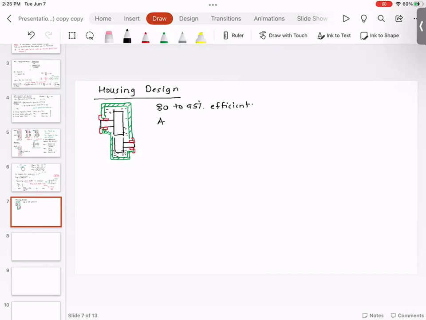So assuming 90% efficiency, the power loss is equal to 0.1 times the power transmitted. And this power that is transmitted gets converted to heat.